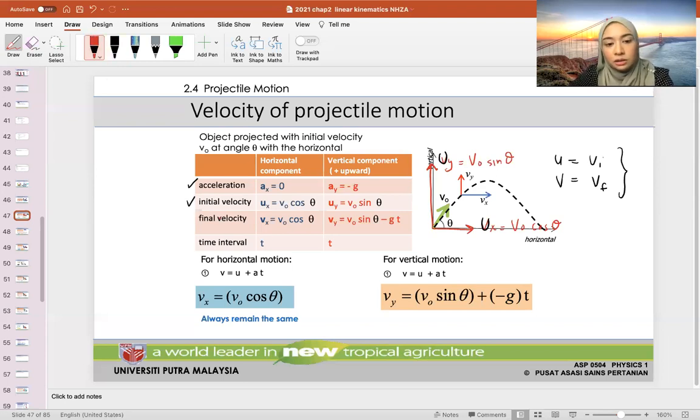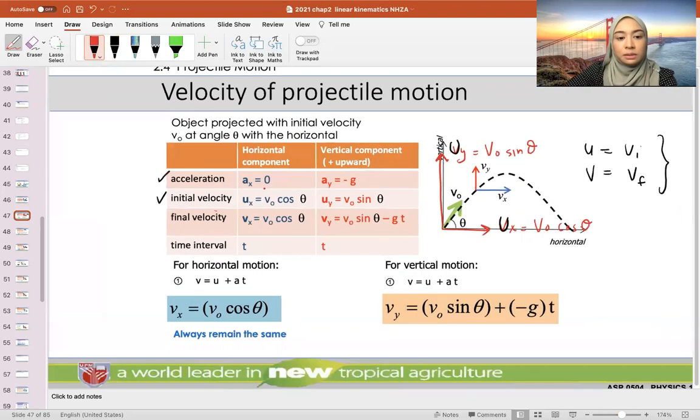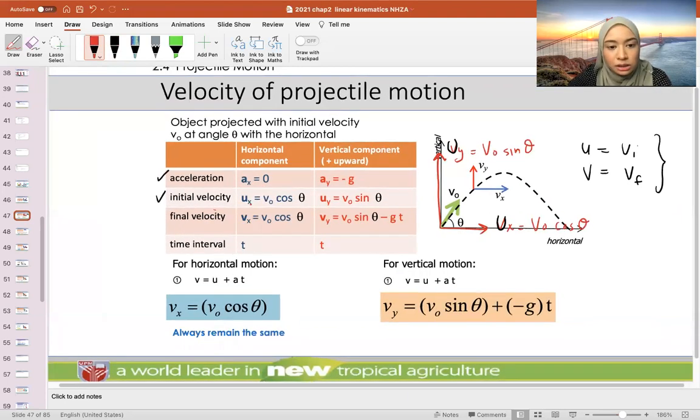If you observe this table, the final velocity in the x component is actually equal to Vx, whereas the final velocity in the y component has a minus gt. Okay, my question is, why doesn't the velocity in the x component change?